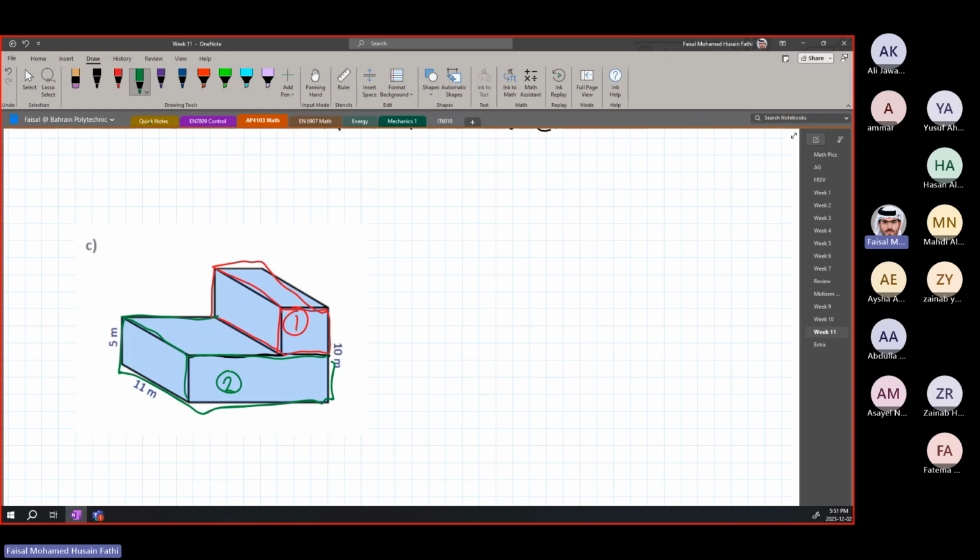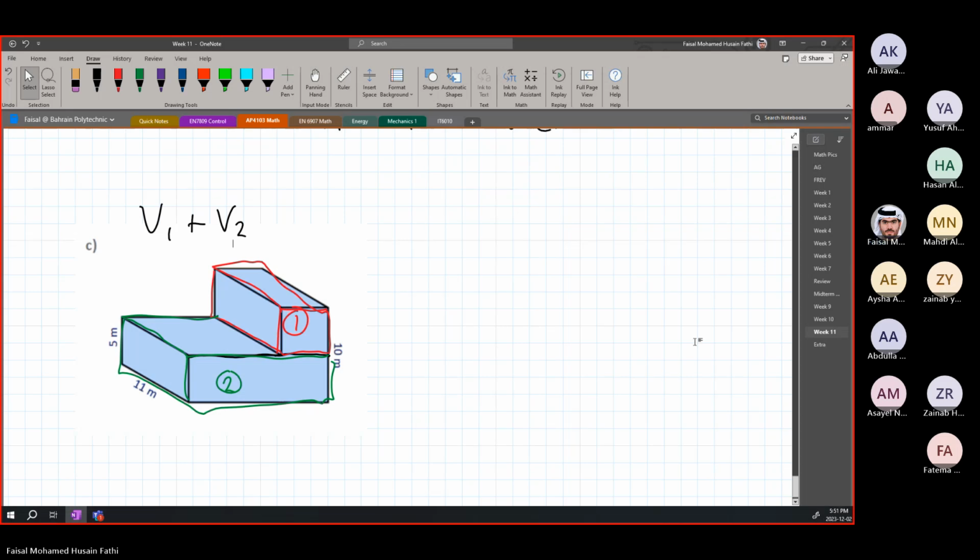You will just add them, V1 plus V2. Or you can take the full shape and do minus, but I don't recommend that. Always do this. This concept should be straightforward. You're just combining these 2 rectangles.